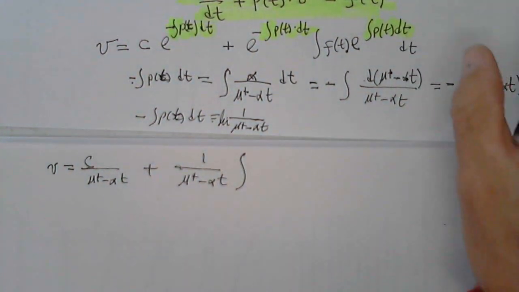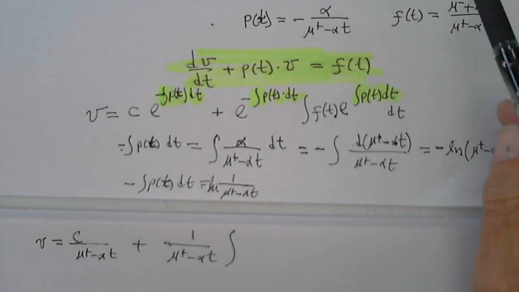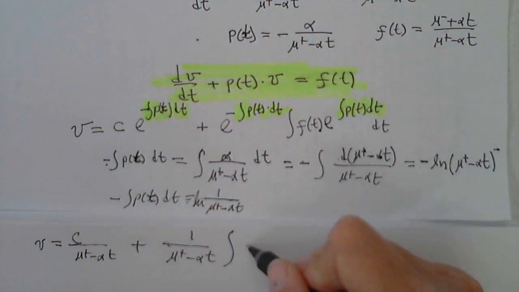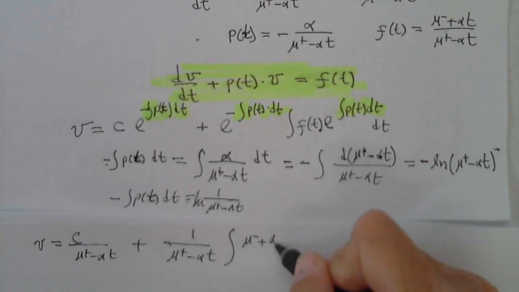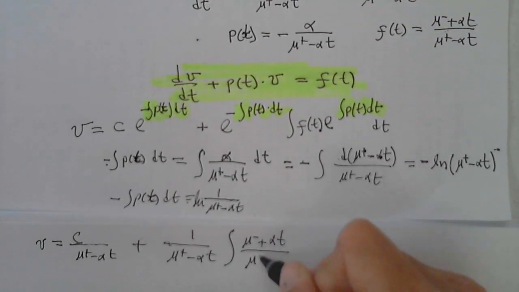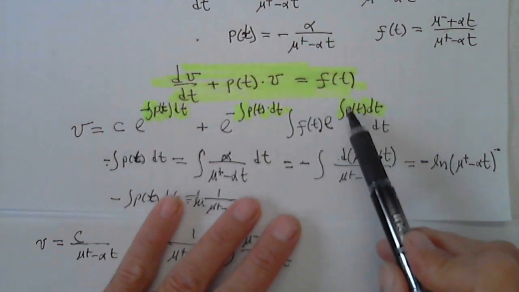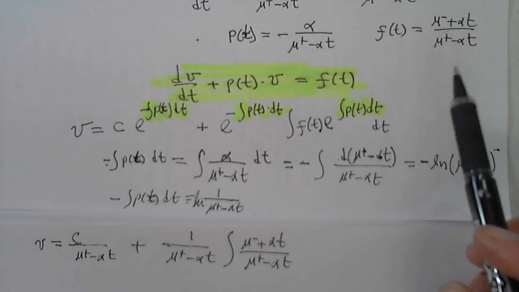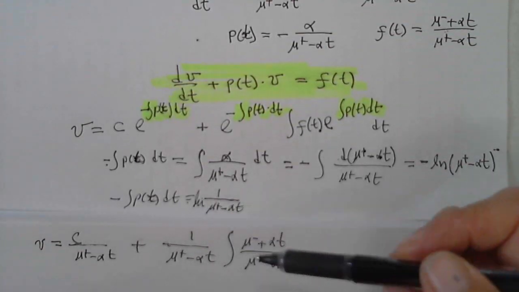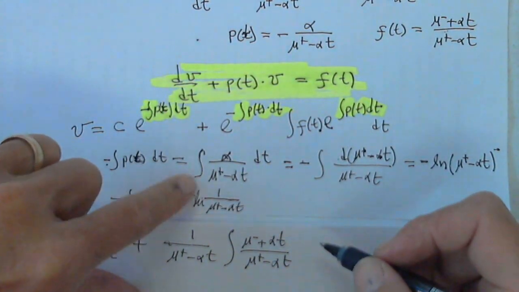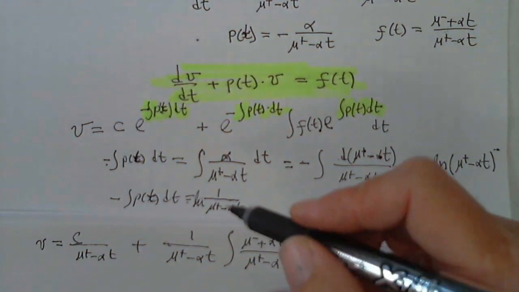And remember that my f of t is this. I'm going to substitute it now. And this one doesn't have the negative, so I need to put this like without the negative.